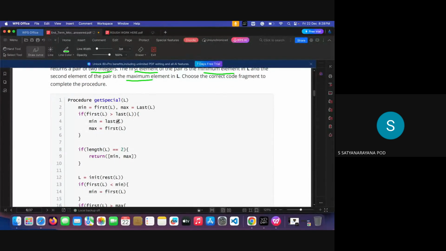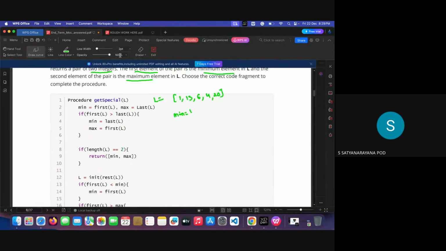So whenever the list is taken, for example, I'm taking a list 1, 13, 6, 4, 20. We consider this list. So min gets the first element, max gets the last element. Oh, sorry, I don't want to take it intentionally as lowest and highest in the beginning and last.